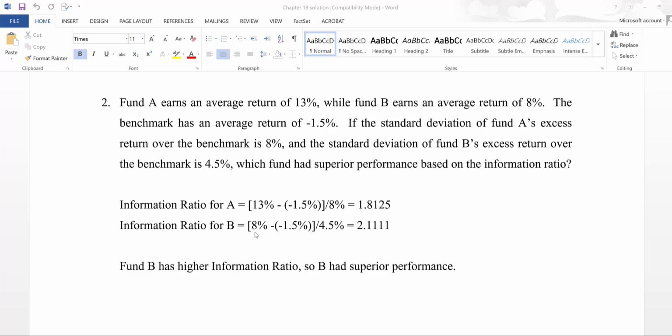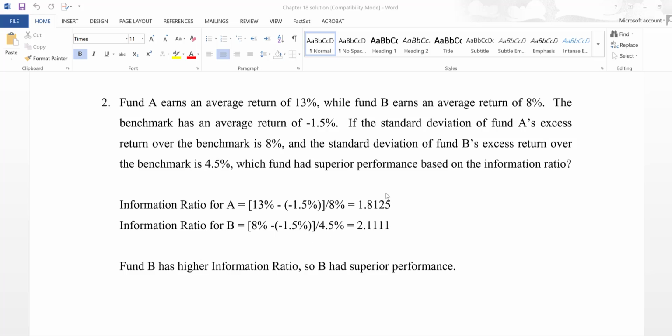Similarly for fund B, it would be 8% minus the benchmark return, so 8 minus negative 1.5, that would be 9.5%, and sigma_P minus B is 4.5% here, so 9.5 over 4.5, 2.11. Okay, so which fund has a higher information ratio?